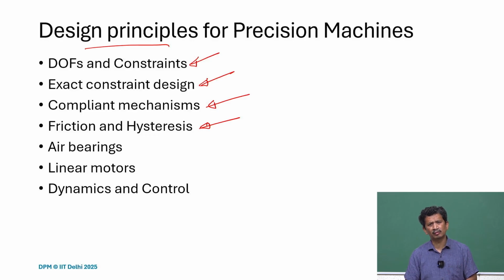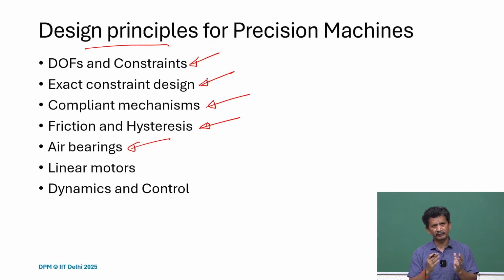So we talked about combined motion, how we can combine the different motions and get rid of the effective frictional force. Air bearings are one of the key components if we are going for a high precision application. One of the reasons is that the friction we can eliminate, or the value is really small.